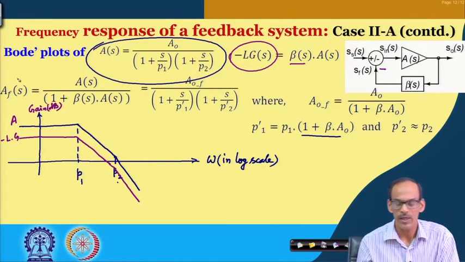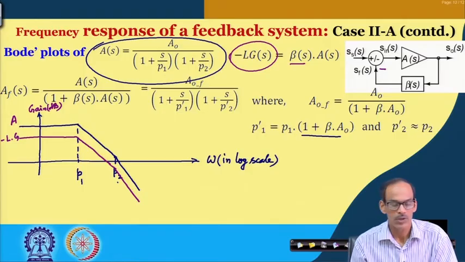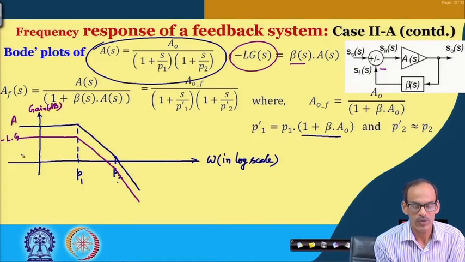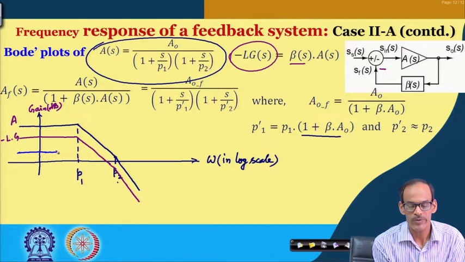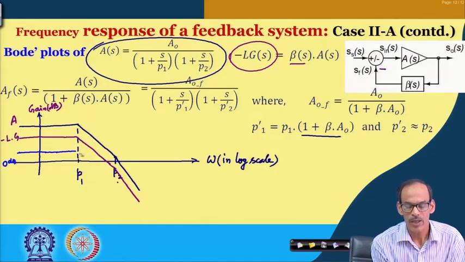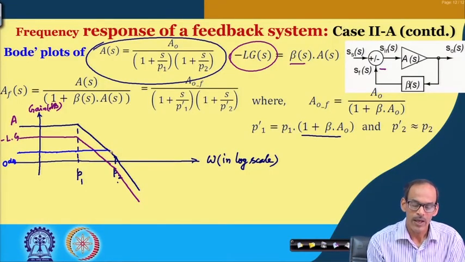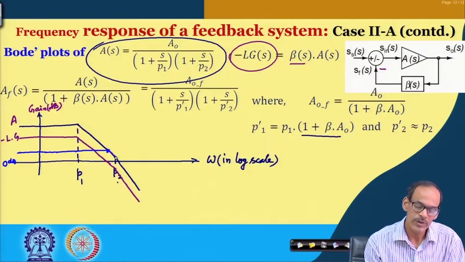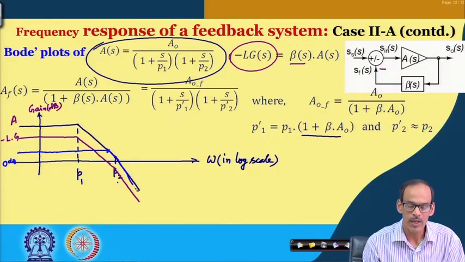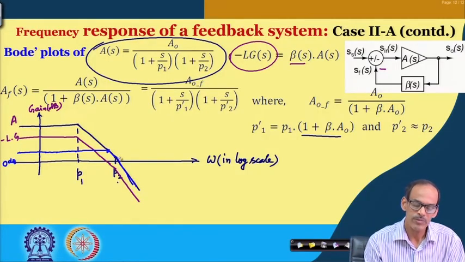Now, if I consider AF, depending on this value of beta, which is less than 1, the feedback system gain is approximately 1 by beta, which is more than 1, which is above this 0 dB. It continues at this value till it hits A, and beyond this point it continues to follow A, and then of course we do have the second pole here.